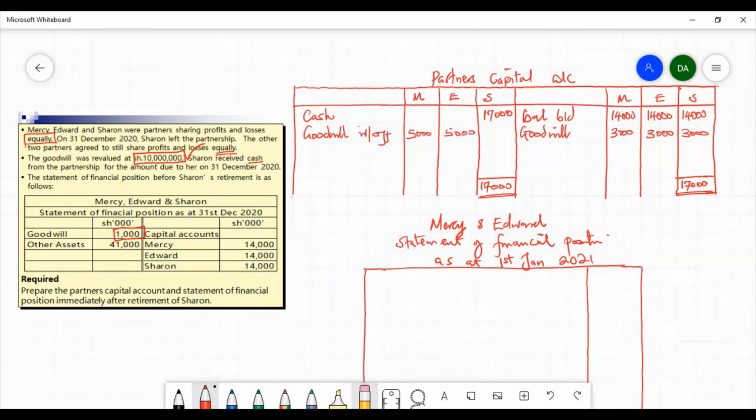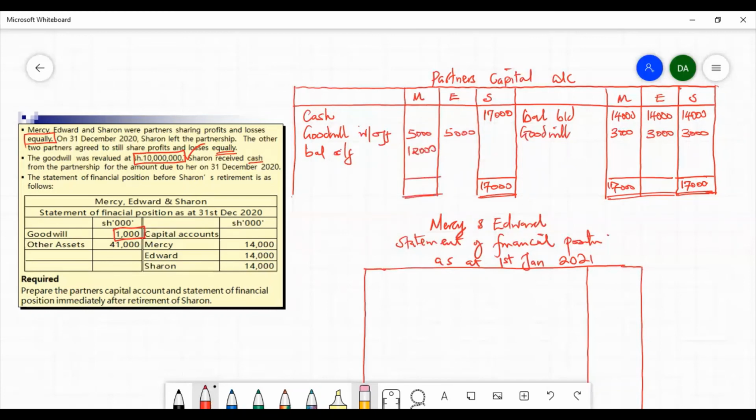After sharing goodwill among the remaining partners, we have the balance carried down, the balance of the account of the remaining partners. That balance carried forward for Mercy will be 17 million minus 5 million, and that is 12 million.